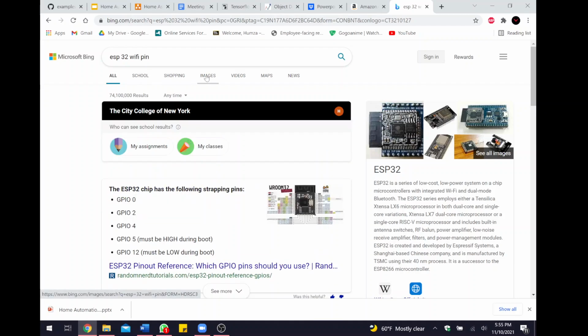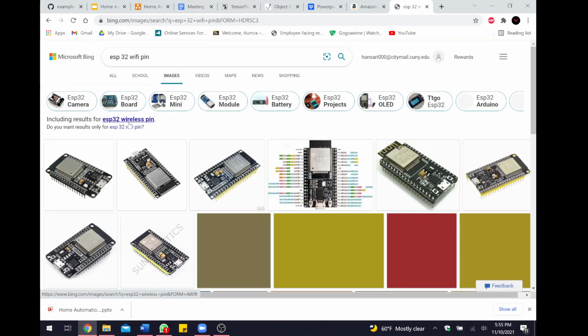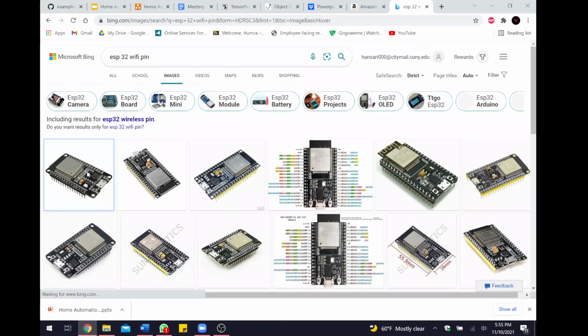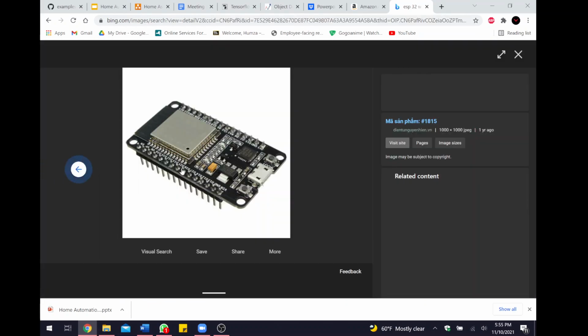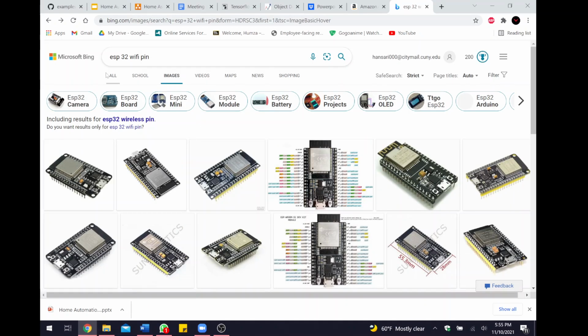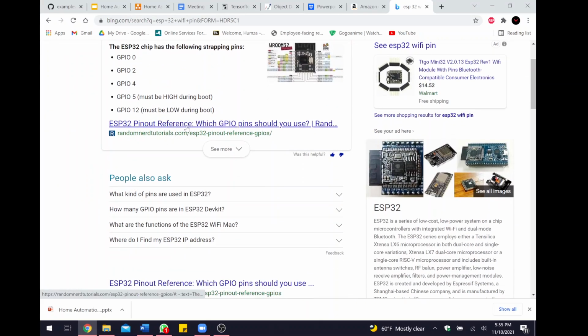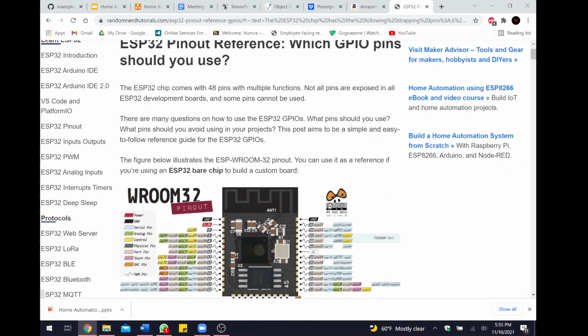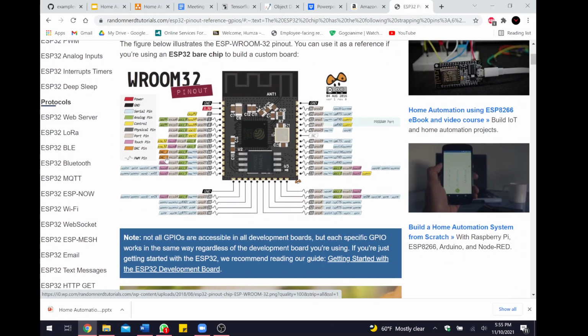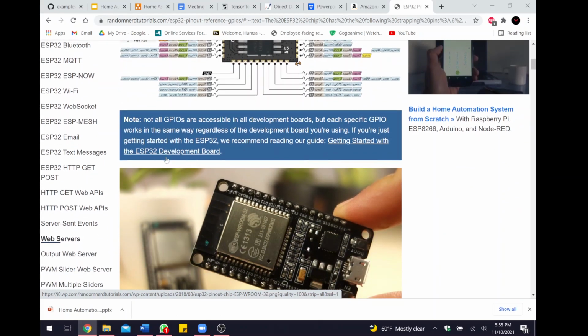Professor, it says on the top here, Wi-Fi ESP-WROOM-32. It's already built inside this chip.